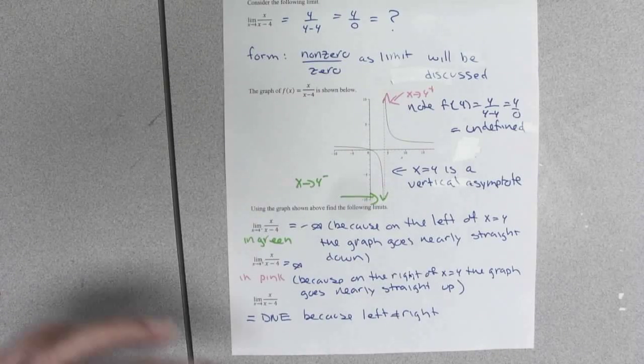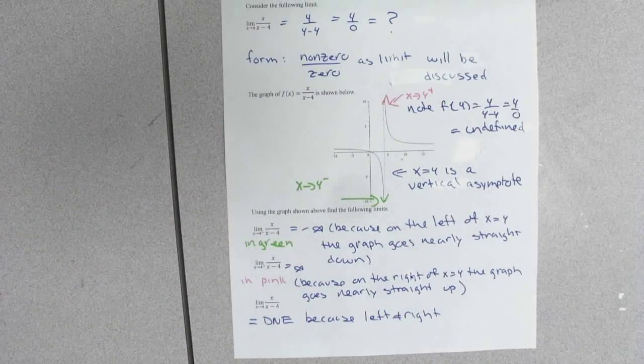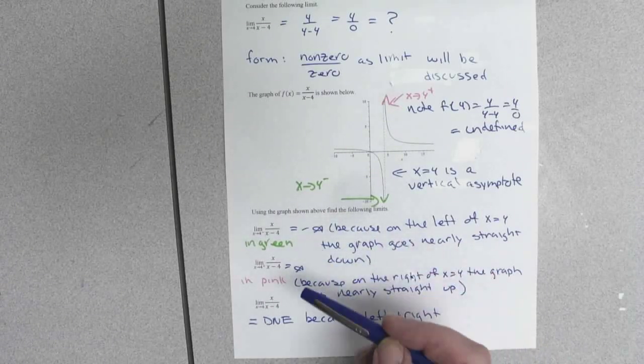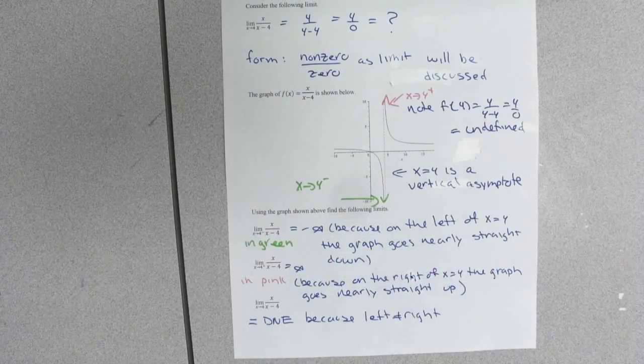But in all cases, even infinity and negative infinity, remember those are types of non-existence. So we always want to write the better answer: negative infinity, infinity, or does not exist, as the case may be.